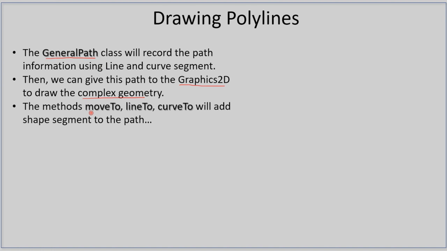The methods moveTo, lineTo, curveTo will add shape segments to the path, in the sense to the GeneralPath. So we will create a GeneralPath instance, then add the line or curve segments using these three API functions.